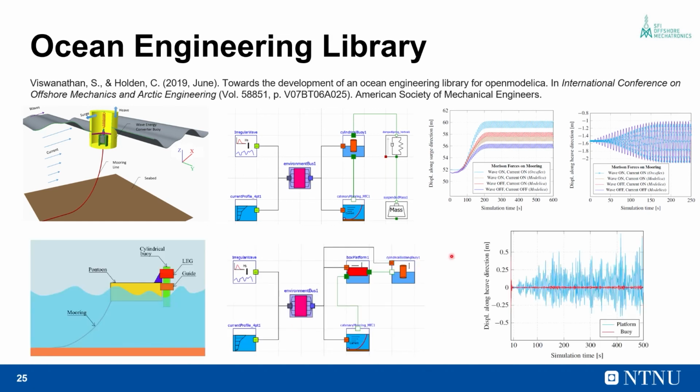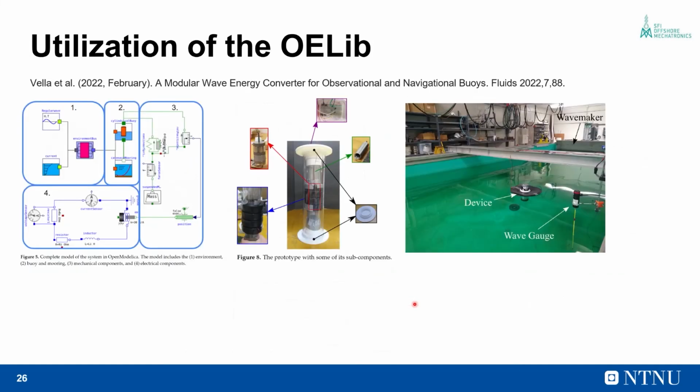This is done for a slightly different configuration of the system also, where we use a rectangular pontoon instead of a buoy. When it comes to the utilization of the ocean engineering library, we came across a recent publication from researchers at Manhattan College in New York, where they use our ocean engineering library.